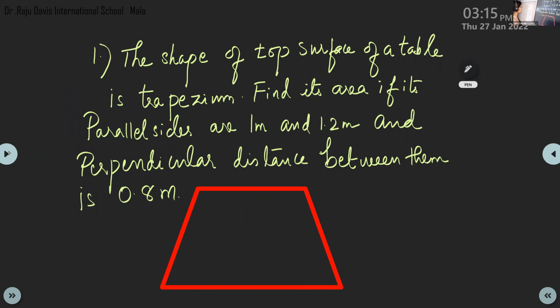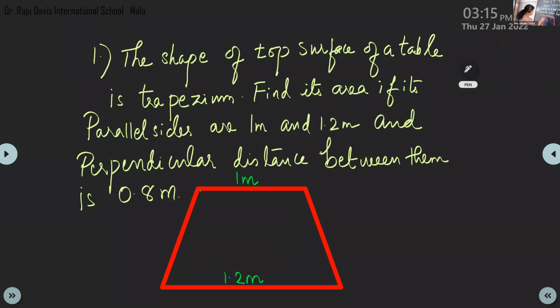Now we can mark what is given in the question. The top surface of a table is in the form of a trapezium. Find its area if the parallel sides are 1 meter and 1.2 meter. So one side is 1 meter and the other side is 1.2 meter. So we can write it like this, the two parallel sides of a trapezium. Now, the perpendicular distance between them is 0.8 meter.